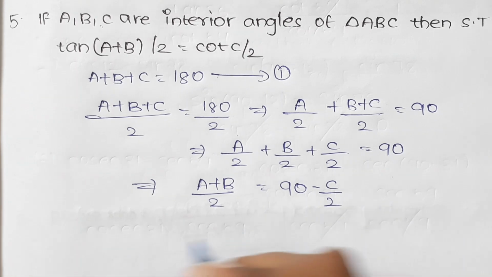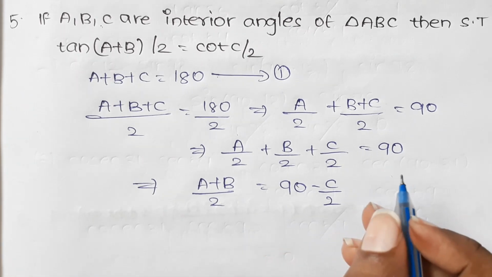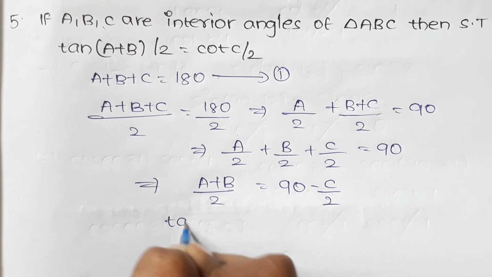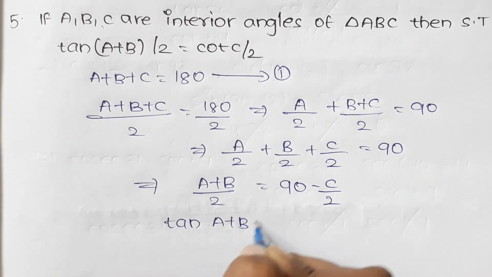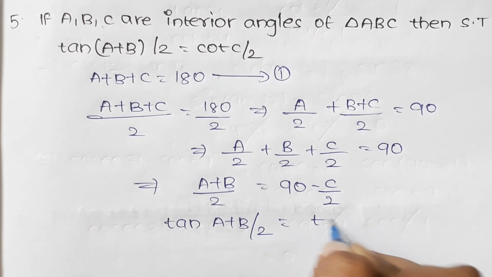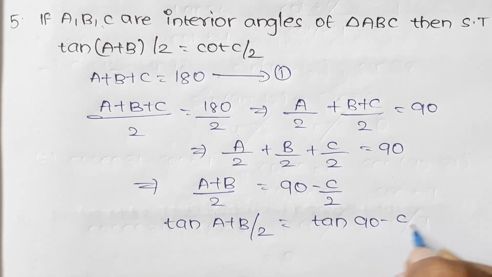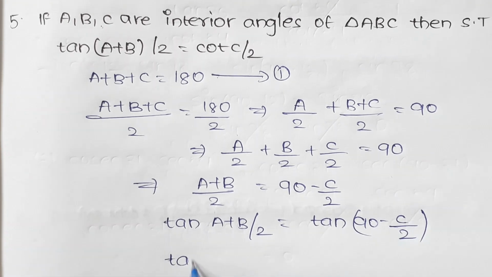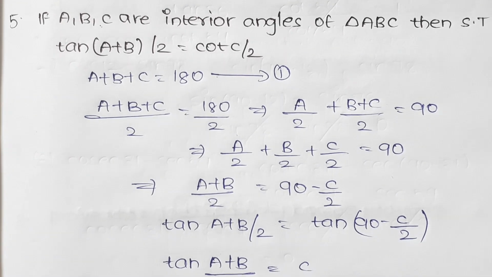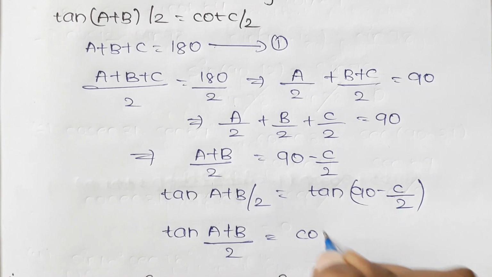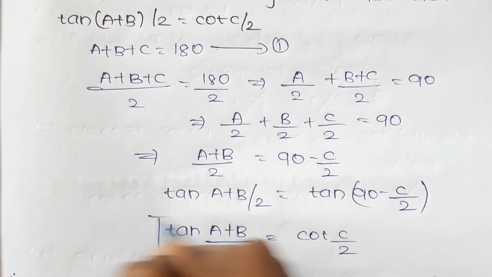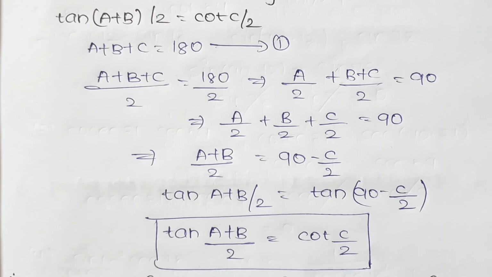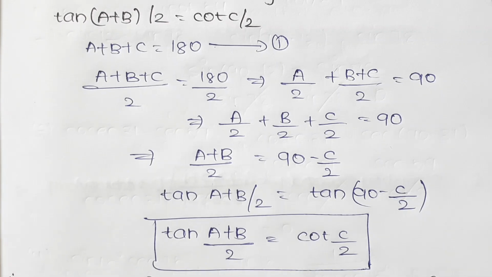Now let us take tan on both LHS and RHS, that is tan of (A plus B) by 2 equals tan of (90 minus C by 2). Here tan of (90 minus A) is nothing but cot A, and from this we get tan of (A plus B) by 2 equals cot of C by 2, and hence we solved this, and this is about the fifth problem.